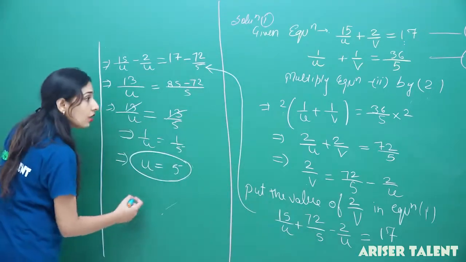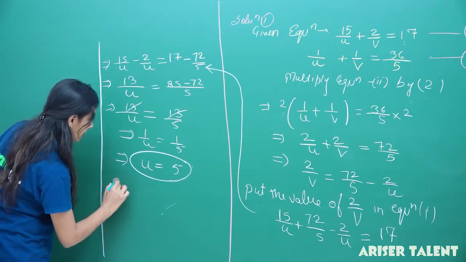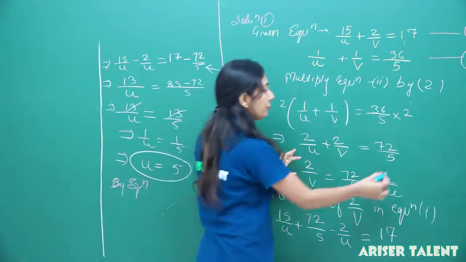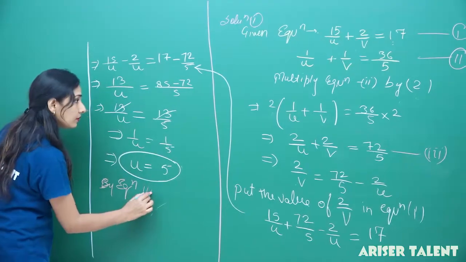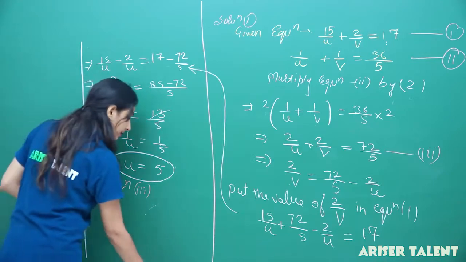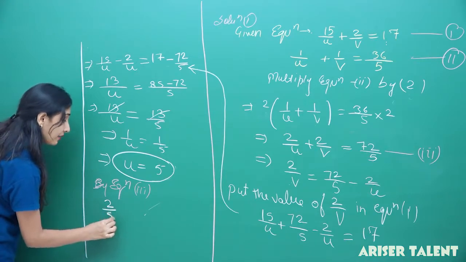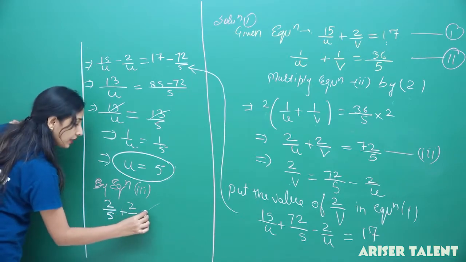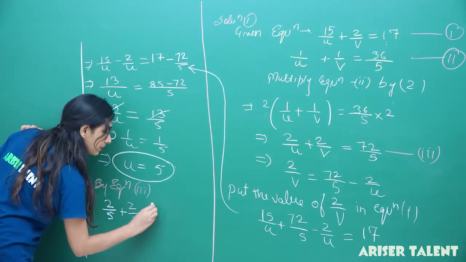So I can write this by equation third, which is the equation that I named third, and taking the value here, that will become 2 by 5, I am putting the value of U equals to 5 here, plus 2 by V equals to 72 by 5.